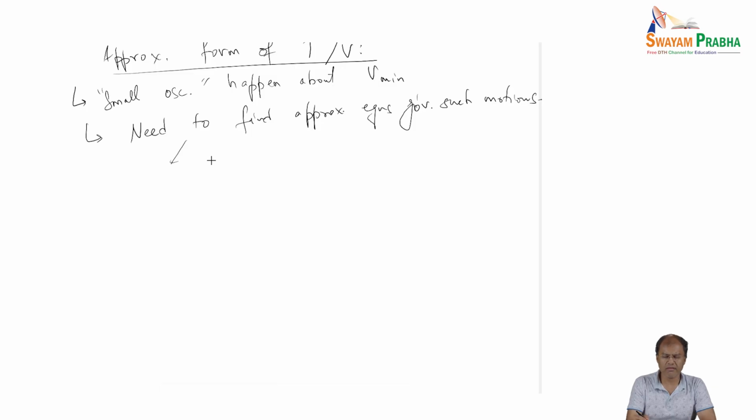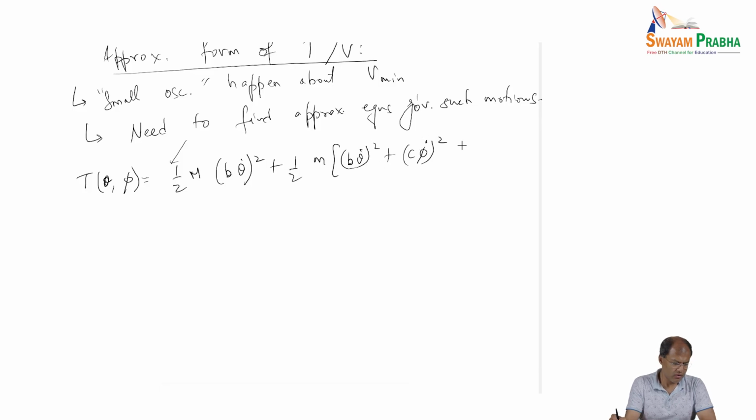So again, let us look at the case of the double pendulum, the previous example. In that case, our kinetic energy T of theta comma phi is half capital M B theta dot square plus half m B theta dot square plus C phi dot square plus 2 B theta dot C phi dot times cos of theta minus phi, right?